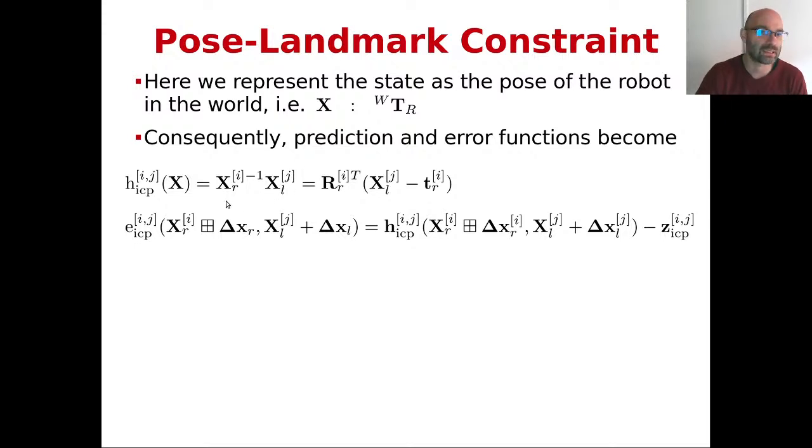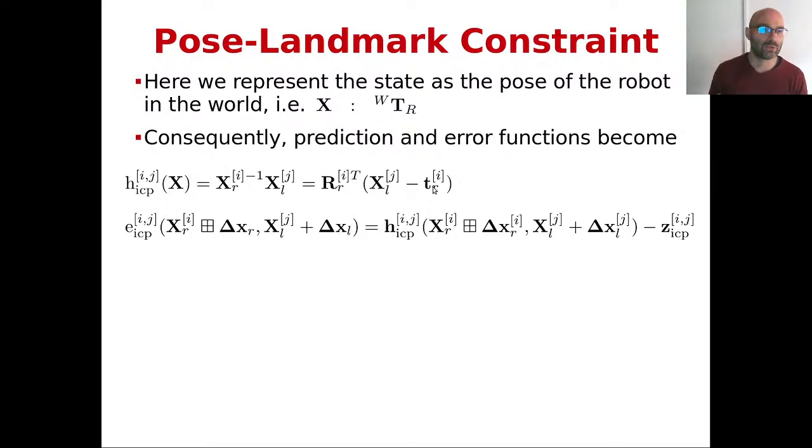And this will give us the position of the landmark expressed in the reference frame of the robot, which is exactly what our sensor measures. Okay? And this, if you expand the formula, comes out to be the transpose of the rotation part of the ith robot variable that multiplies the difference between the landmark position and the translation part of the robot position. Okay? This is my prediction.